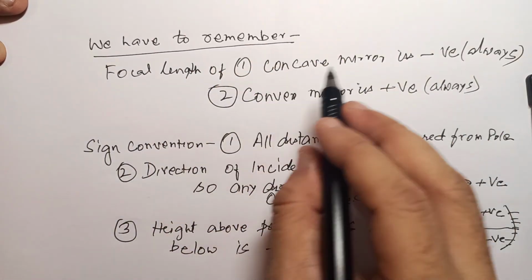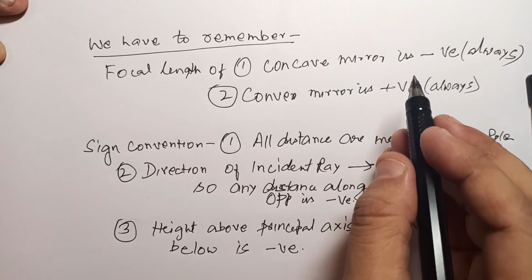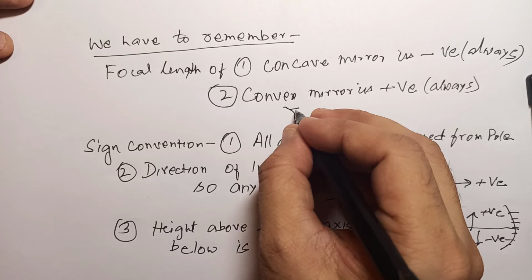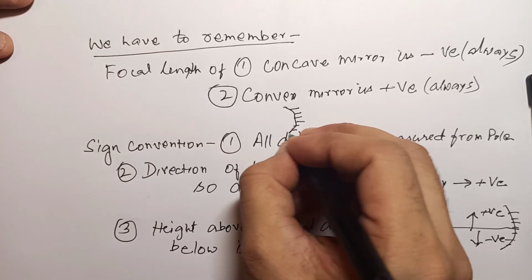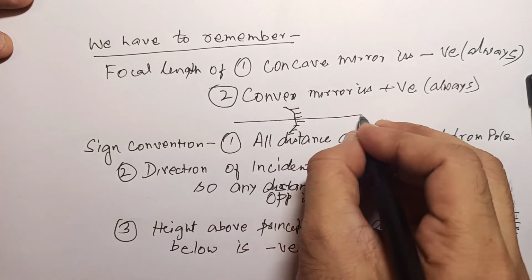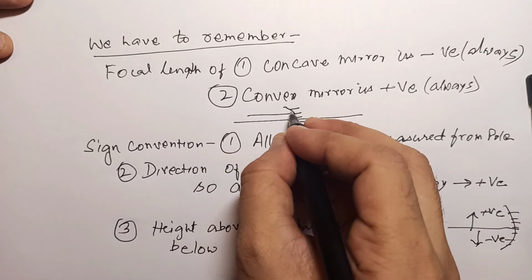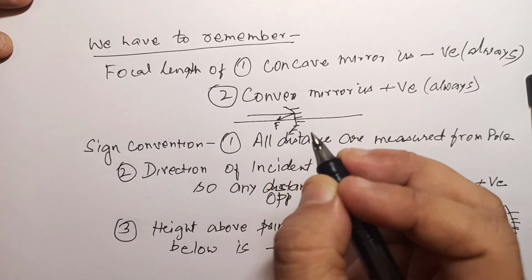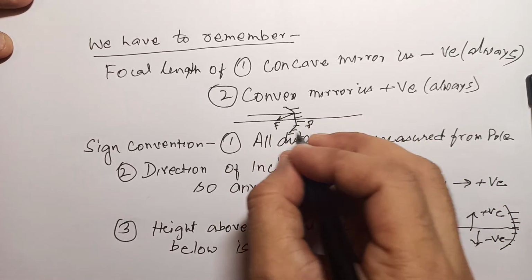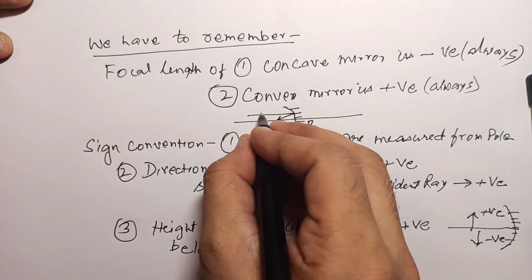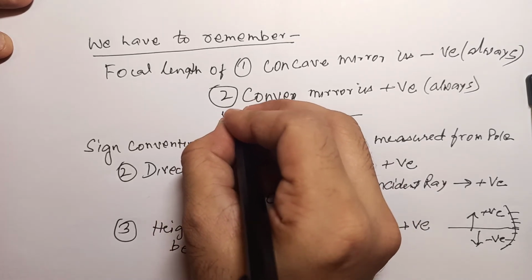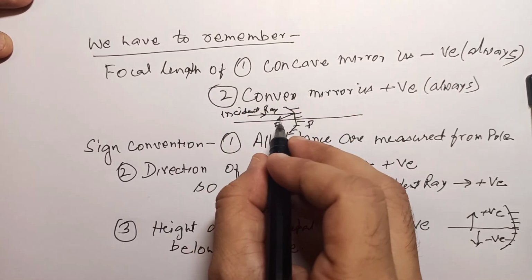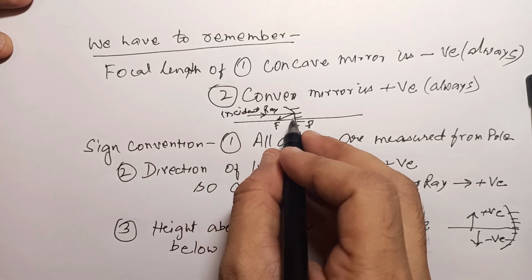Now coming on to concave mirror, focal length of concave mirror is negative. So let me first draw concave. Now in this case the ray comes like this, and it goes this way, correct, to focus, correct, and this is P. So basically the incident ray is coming this side and it's going backwards, so it is negative.